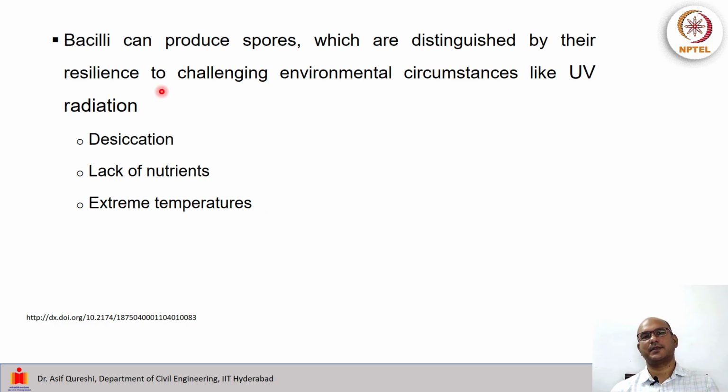So basically the bacilli are quite resistant bacteria, as we have seen earlier, and the spores that they produce are resistant to very challenging conditions like UV radiation, desiccation, lack of nutrients also, and extreme temperatures, hot or cold.